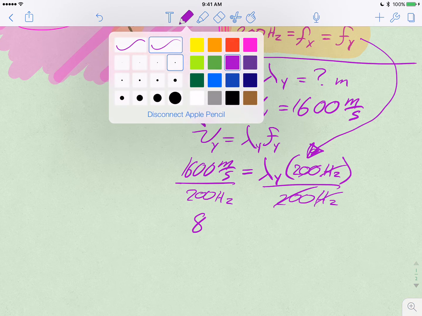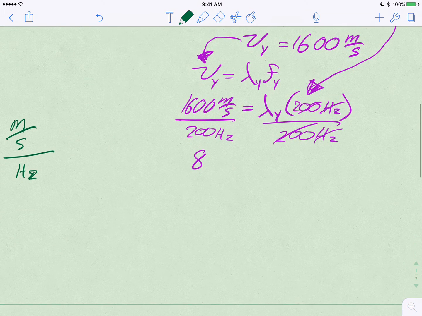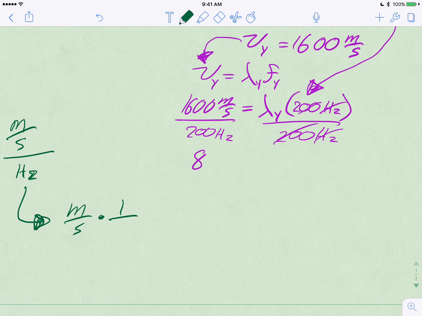Little sidebar on that. So meters per second divided by hertz. And a hertz is the same thing as 1 wave per second. So that's the same thing as calling it meters per second times 1 over hertz. And since a hertz is the same thing as an inverse second, then that's the same thing as a second over 1 when you have inverse hertz.